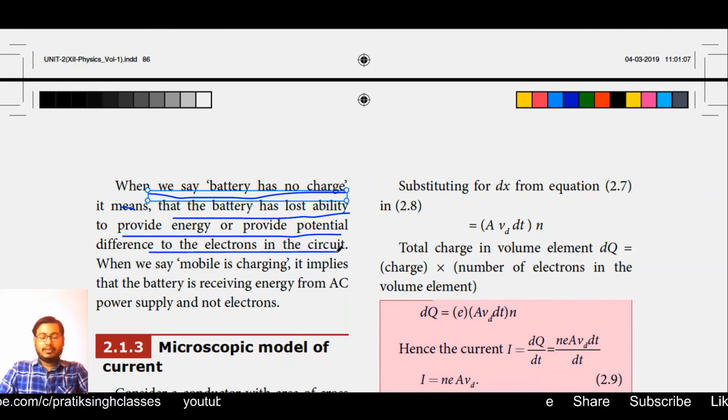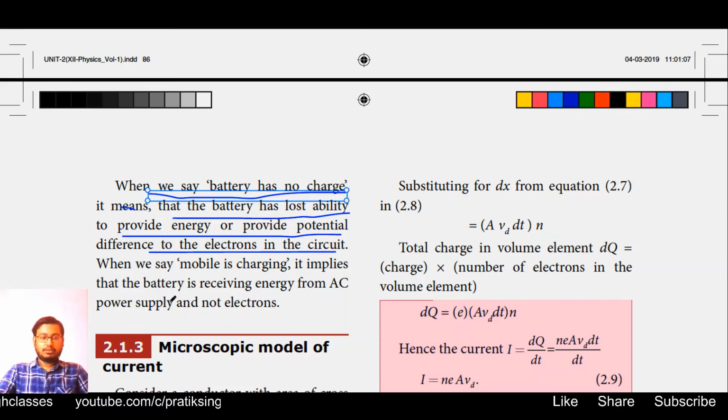When we say my mobile phone is switched off because it is not charged, it means that the potential between the two terminals of the battery inside the mobile phone has become equal, or the potential difference has become zero. Because the potential difference is zero, the charges are unable to move, and the mobile phone will not function.